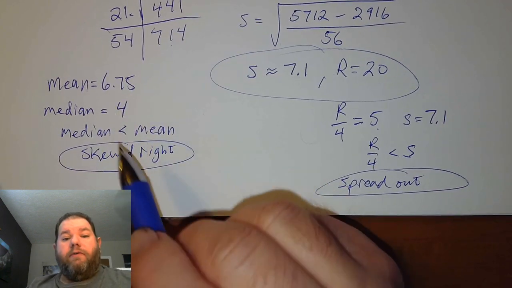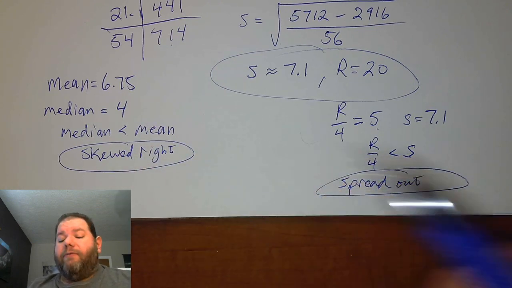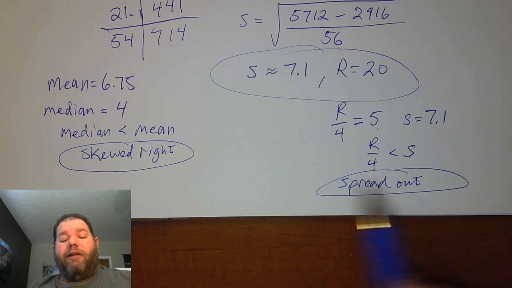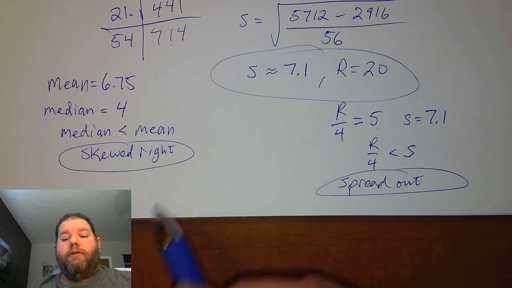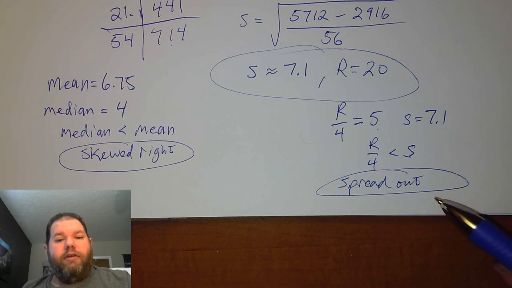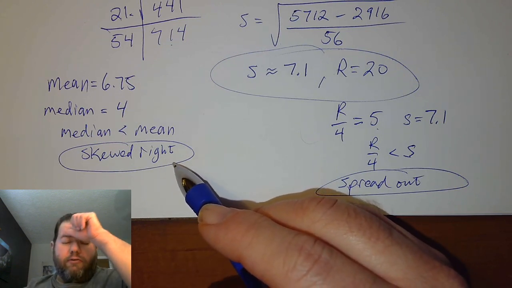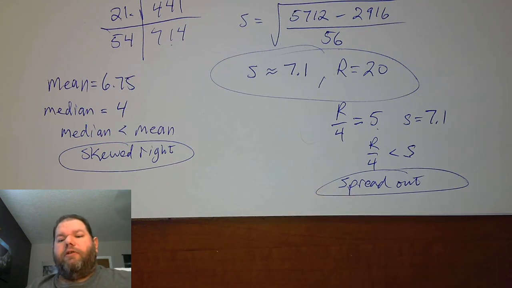So that's another part of our interpretation of the data. What does it tell us about the data set? Well, we know the data set's spread out, and we also know it's skewed to the right. So that means there's a pretty good distance between the different data values, we can say on average. And skewed right means that the data is more centralized on the left-hand side, but it has a tail going off to the right.